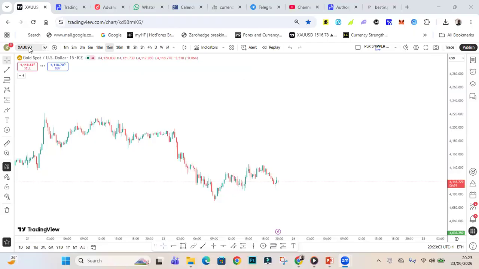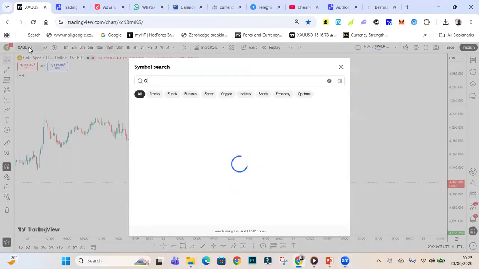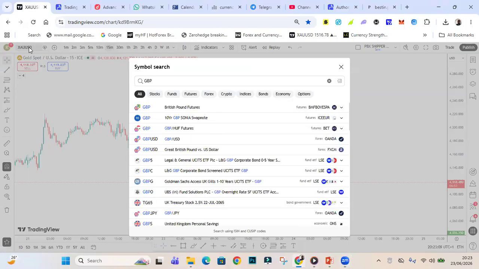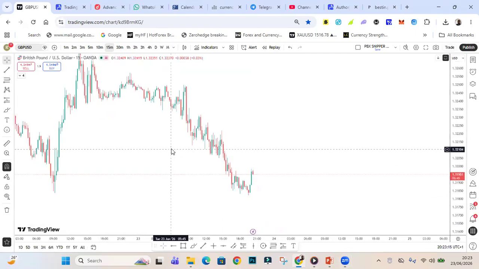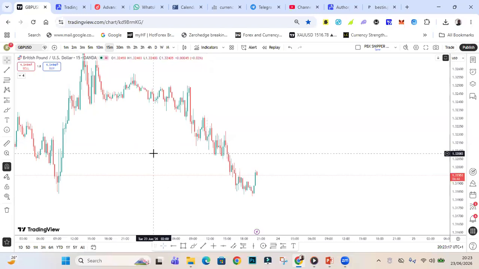So let me use GBP USD for instance. I want to give us something here for us to work with. So this is GBP USD. This is the current price.